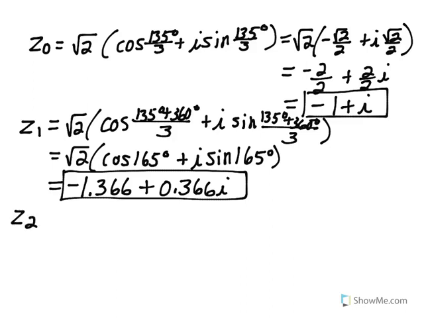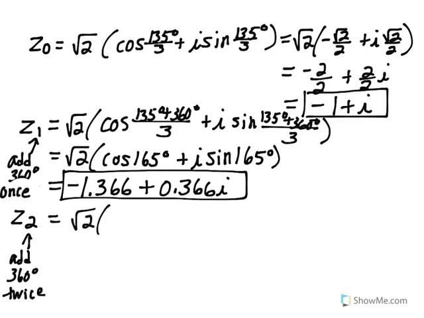And now it said to find 3, so we're going to do z2. And if you think about it, the 1 just means add 360 once. Apparently I can't spell the word once. Let's fix that. And the 2 just means add 360 twice. So root 2, cosine of 135 plus 360 times 2, still over 3, that does not change.